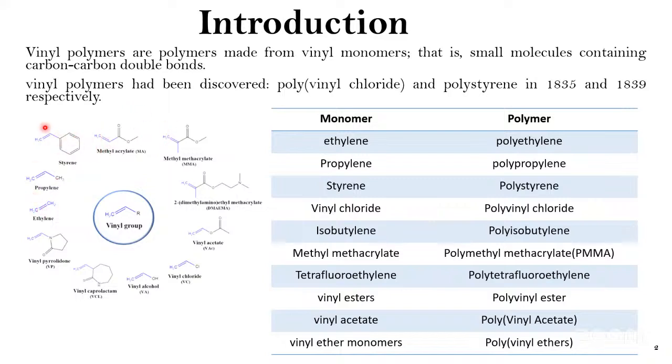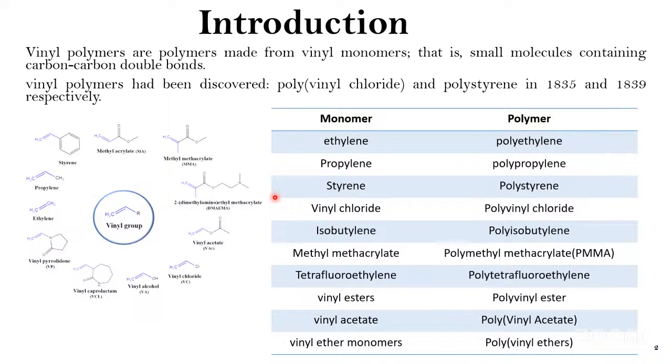Can you see that I have highlighted it in color? H2C, yes, is vinyl. This is your vinyl group. In whatever monomer you see this present, that is your vinyl polymer.